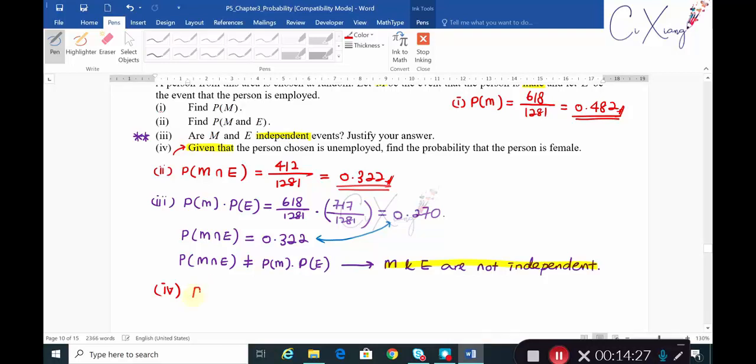Alright? Okay, so given that the person chosen is unemployed, they want you to find the probability that the person is female.